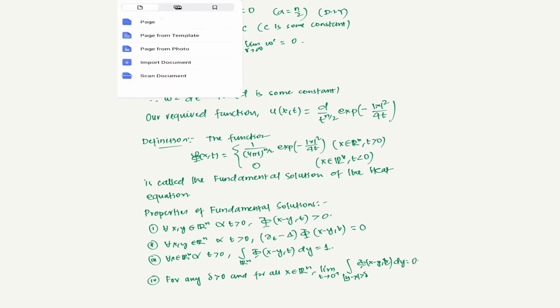So let me prove that 1 and 2 are just like the easy ones. Let's prove the fourth property first, and then we are going to the third property. The fourth property is: limit t tends to 0 plus of the integral over the exterior domain, where |x| is greater than delta.